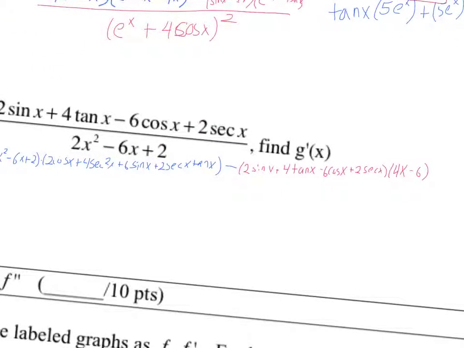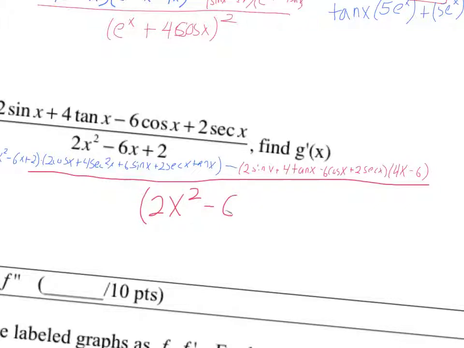That is all going to be over 2x squared minus 6x plus 2 squared.